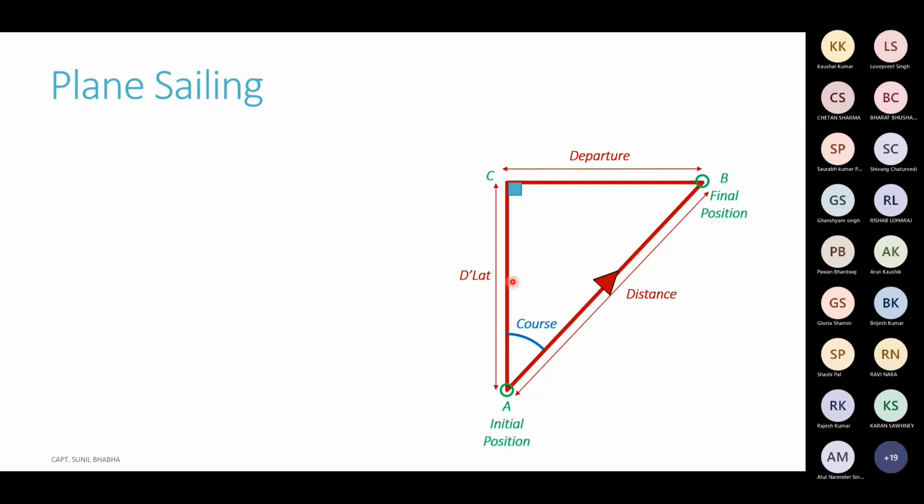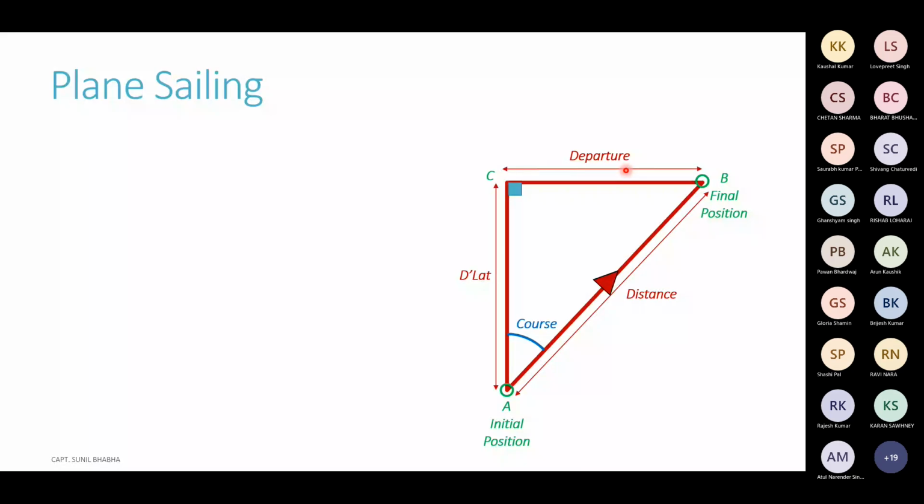Side AC, which is connected with this angle, is the base as far as trigonometry is concerned. And the horizontal side, that is BC, is the perpendicular. So we have identified the three sides. Distance is the hypotenuse, dlat is the base, and departure is the perpendicular.